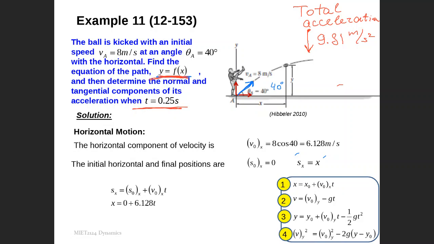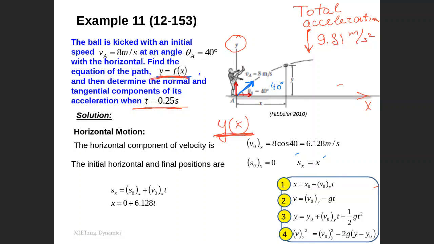So we have to find the equation of the path. We have to express y as a function of x. See, here we have y, here we have x, and the equation of the path is y as a function of x. That's what we want to get.